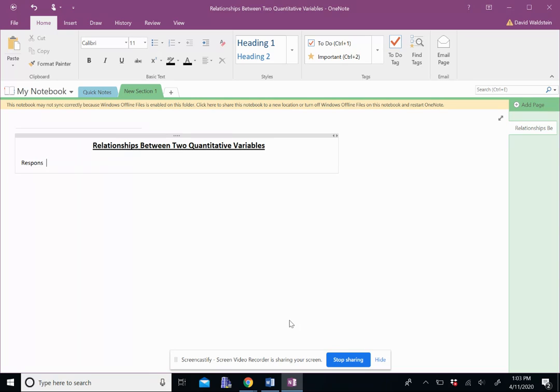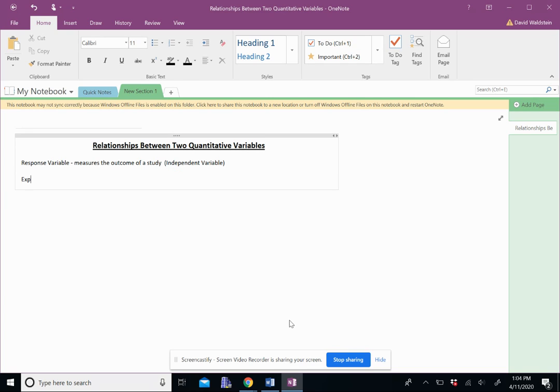So in algebra, you normally hear about independent and dependent variables. In statistics, we call them something different. All right, so we have our response variable, and the response variable just measures the outcome of a study. And that's essentially like your independent variable.